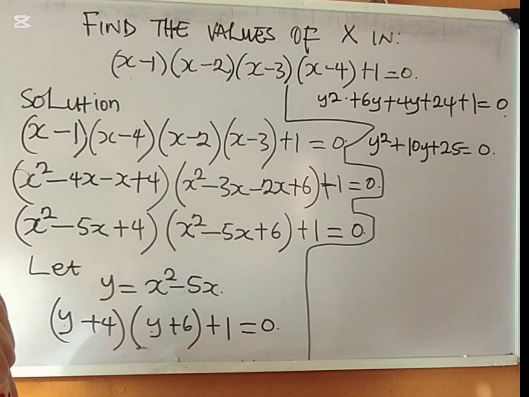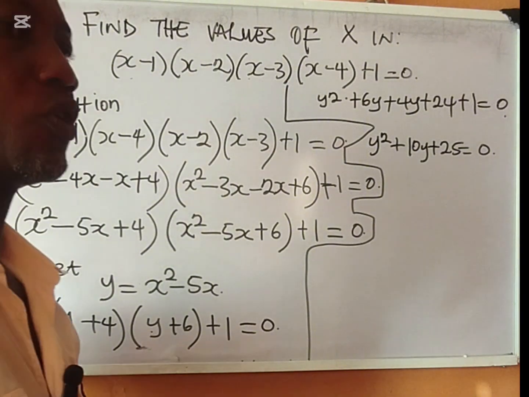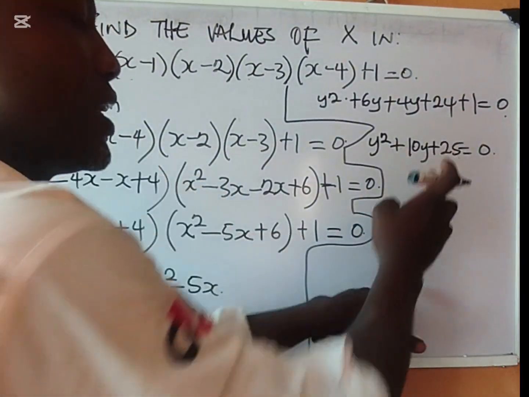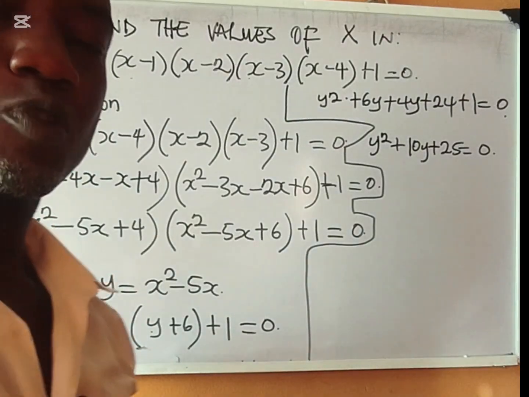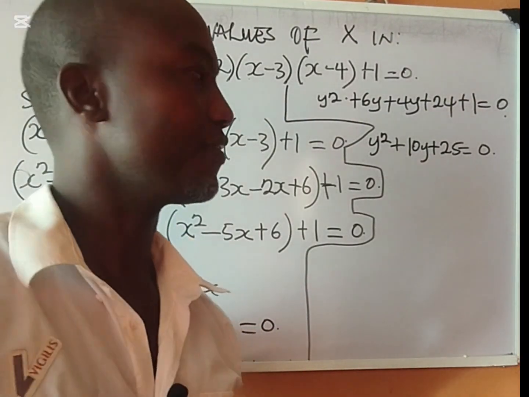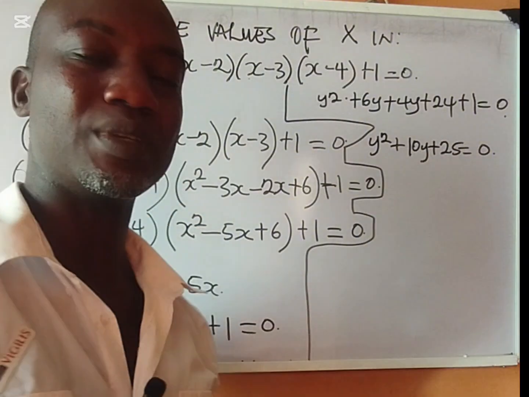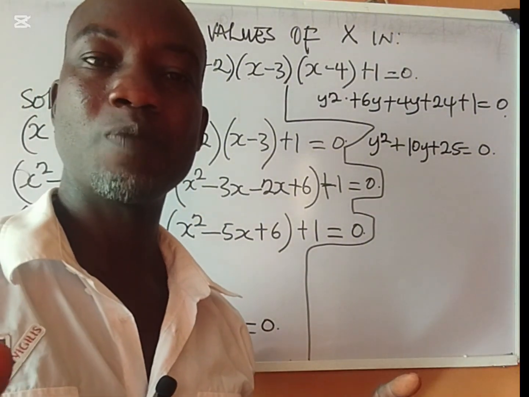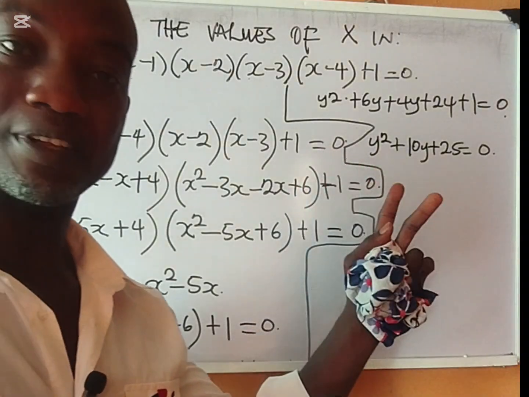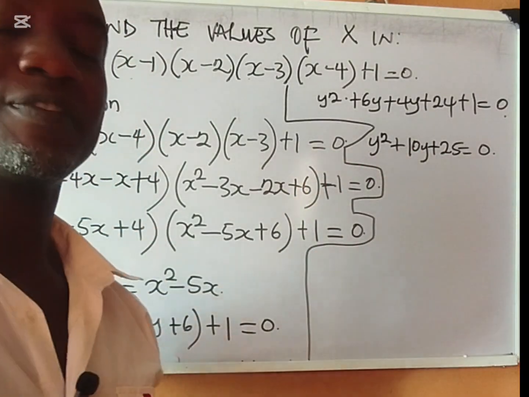It looks like something that is factorizable, because if you check this last term, what are the two numbers that if we multiply together, we are going to get 25, and if we add together, we are going to get 10? Those two numbers will be 5 and 5. So this is a perfect square. This equation is a perfect square.